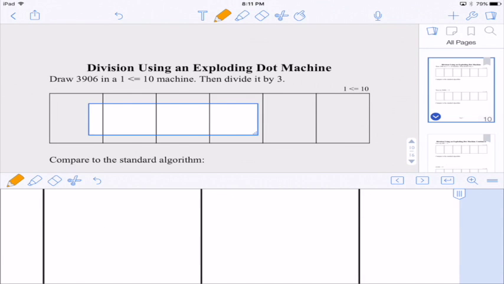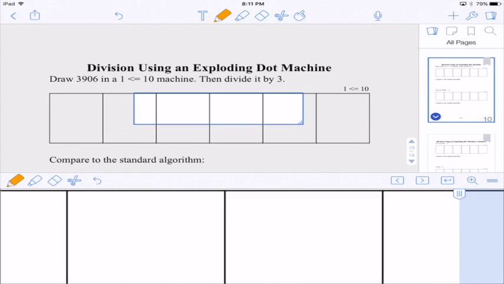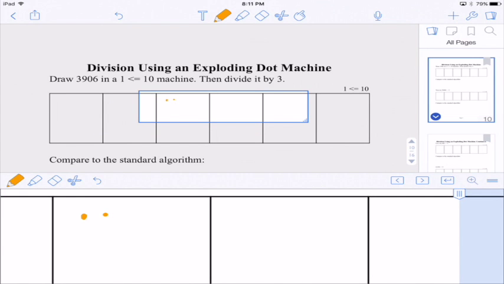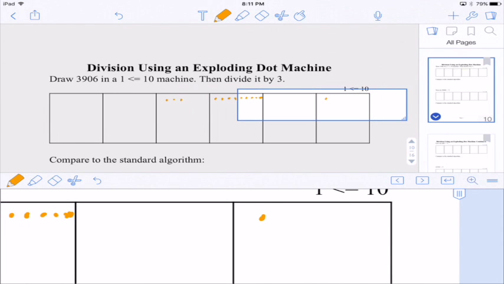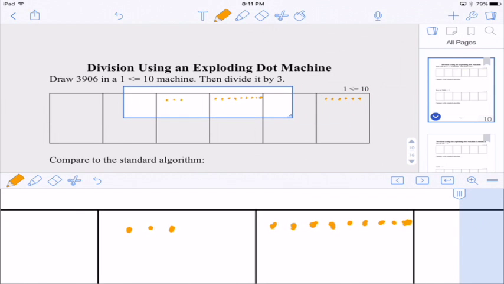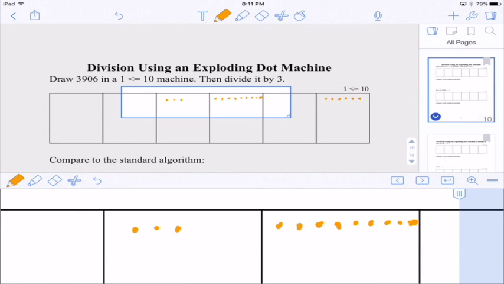This is page 9. So we want to draw 3,900 there's a 0, 10s, and 6. And we want to divide it by 3. Well, we're looking for groups of 3.